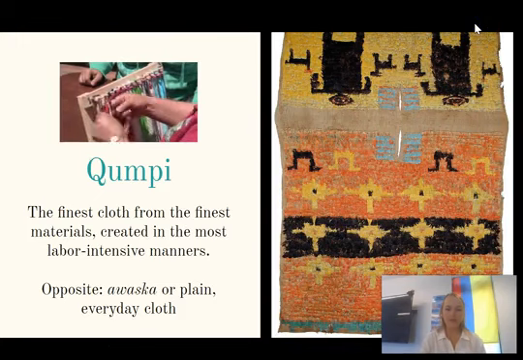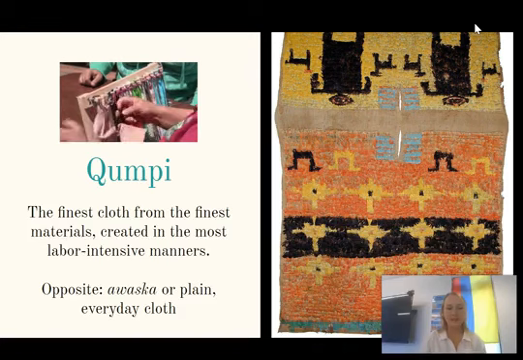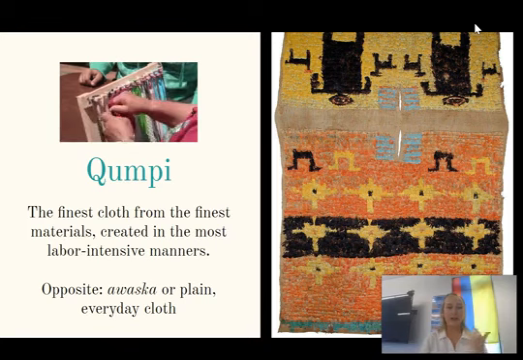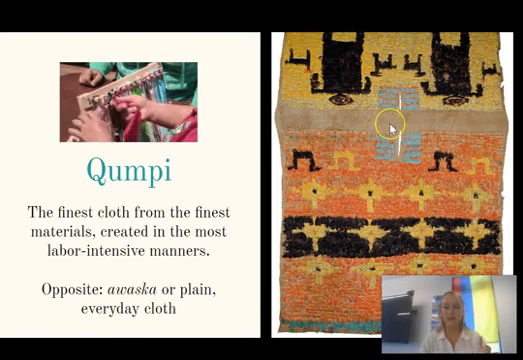And then finally, a concept or a word that you'll want to know for this section is qumpi. And this is the finest cloth that was available. It was made from the finest, most expensive materials, and it was created in the most labor-intensive manners. So this is, for example, I have an Inca feathered tunic here.